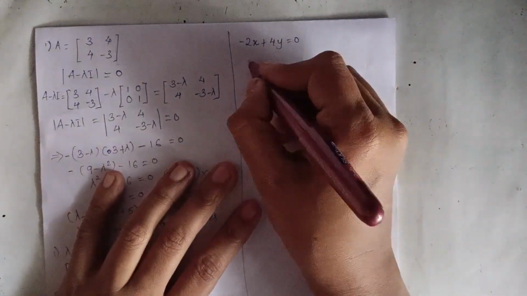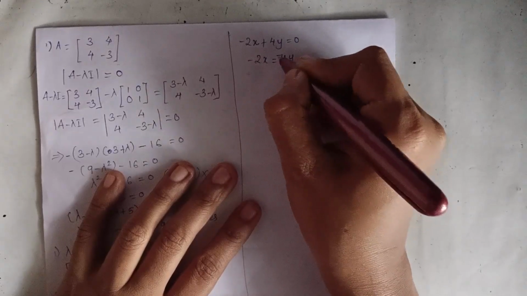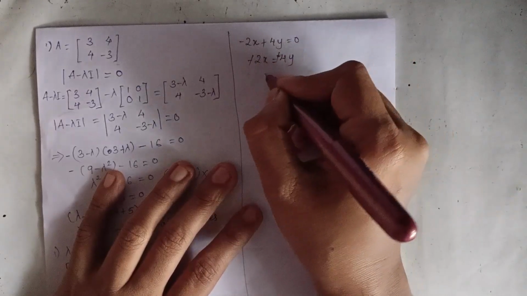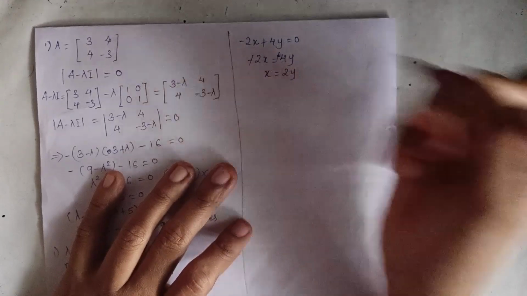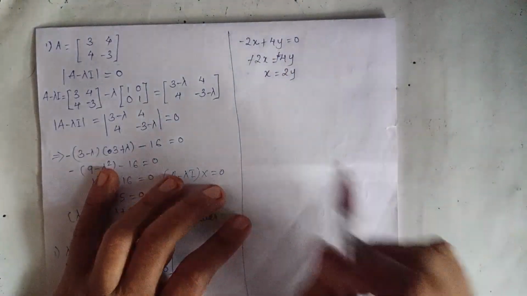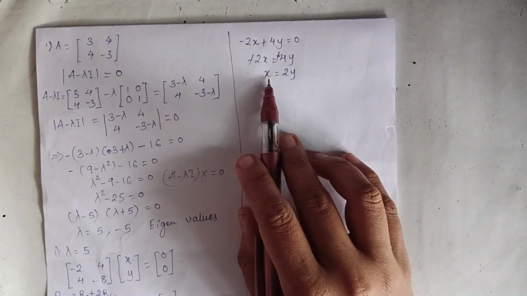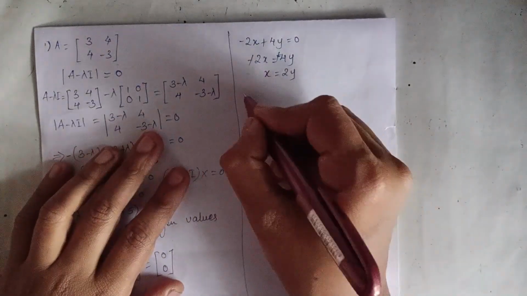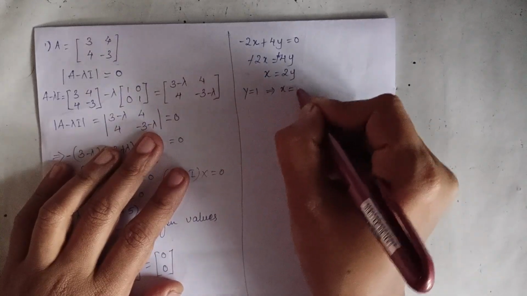Okay, so minus 2x is equal to minus 4y, minus minus gets cancelled, x equal to 2y. Okay, so you can put whatever value you want. That is, if you put y equal to 1, I'll get x equal to 2.